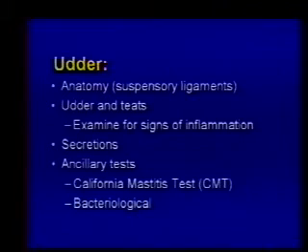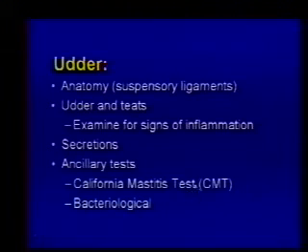Then, of course, we want to perform some ancillary tests, such as the California mastitis test. And what this test determines is the amount of somatic cells. Somatic cells include white blood cells and epithelial cells from the mammary, from the lacteal tissue.